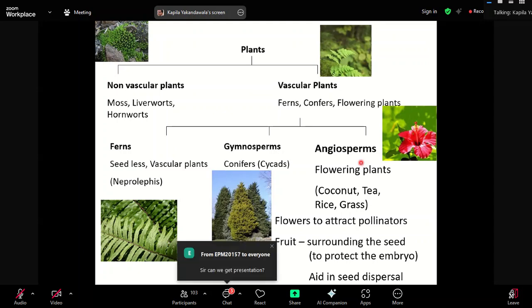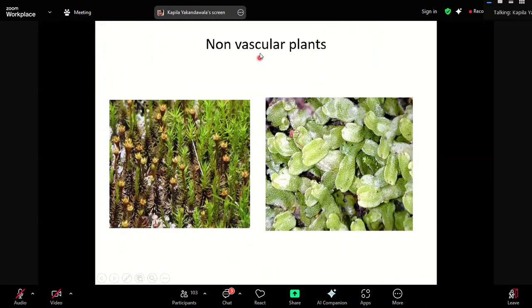All these angiosperms produce flowers. A flower can convert into a seed or fruit. So the embryo is well protected. Angiosperms.